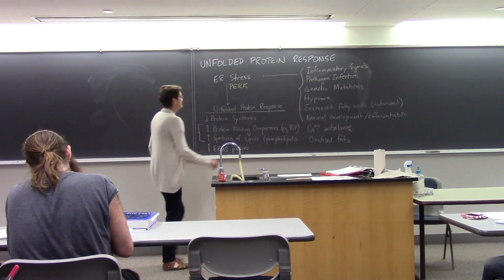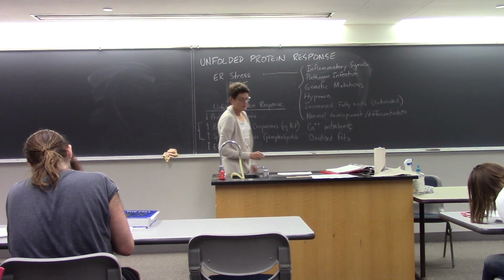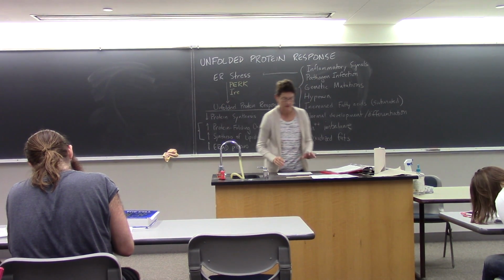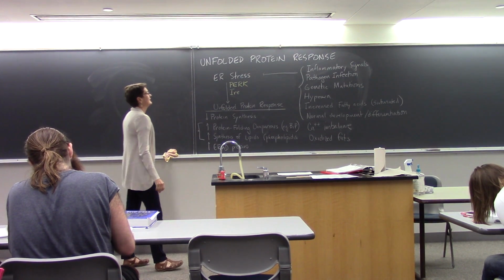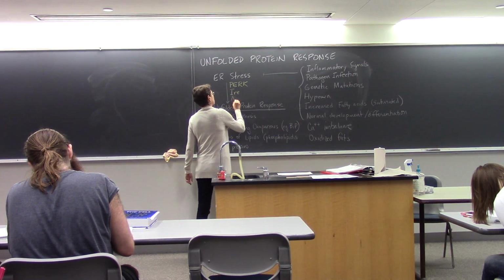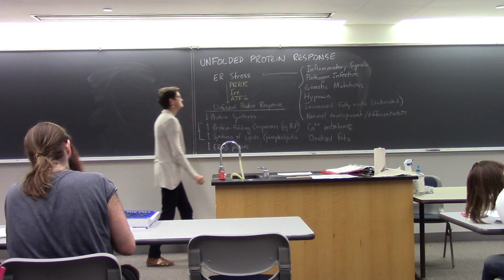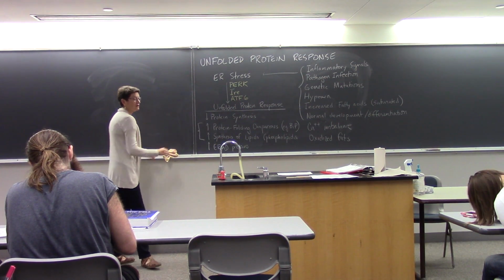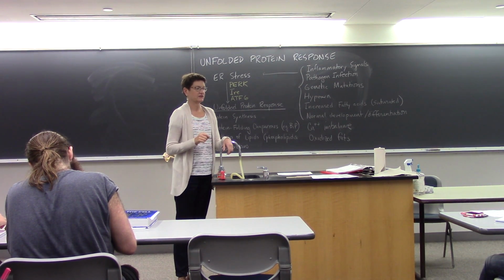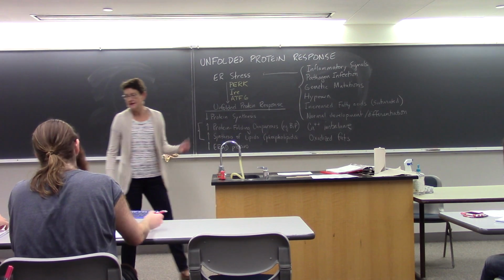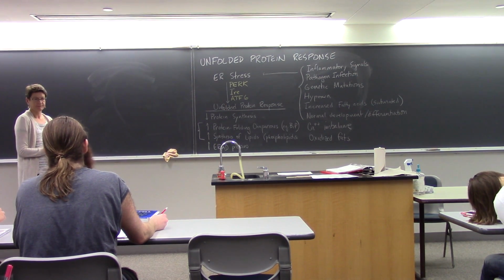Then IRE, which is the first one we're going to go through, and ATF6. These are the things that are sensing ER stress, and they become activated in response to ER stress.